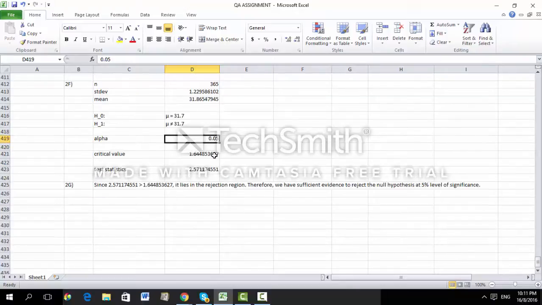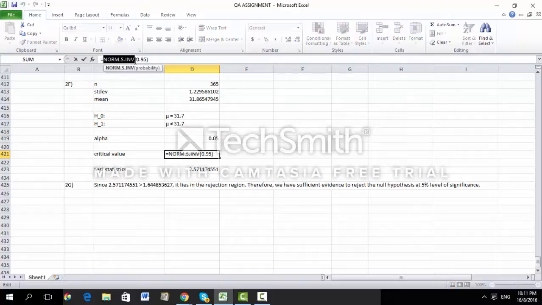So step 2 is to find the critical values. How I did that was to use this function right here, and then I just key in the probability of the middle part of the whole curve.